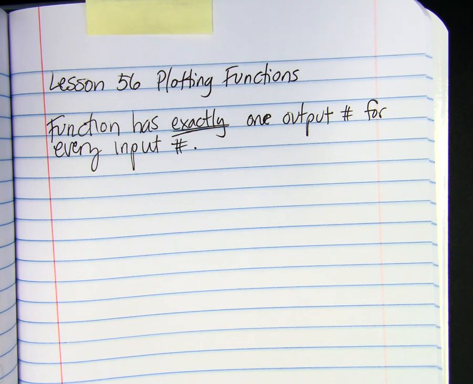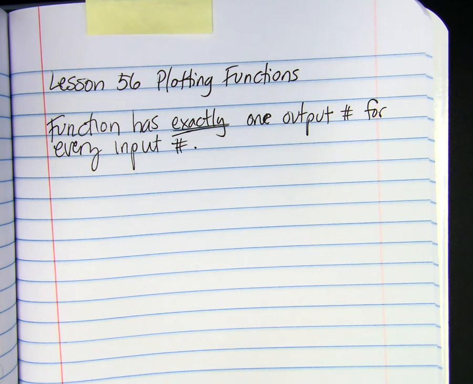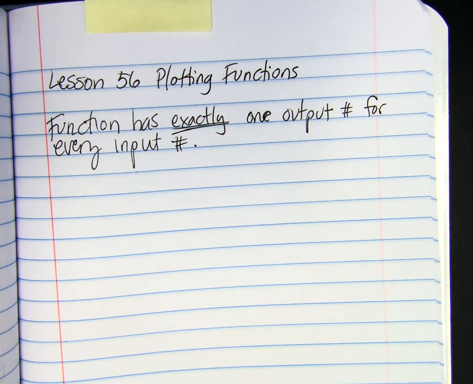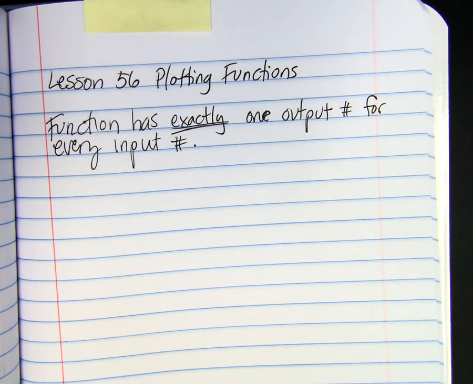If you input a 2 and you get 4, and then further down your list you input a 2 and you get 1, then it's not a function, because your input 2 has different outputs. If the output is 4 every time for the same input, then it's a function.